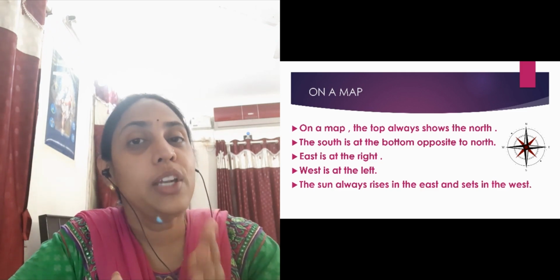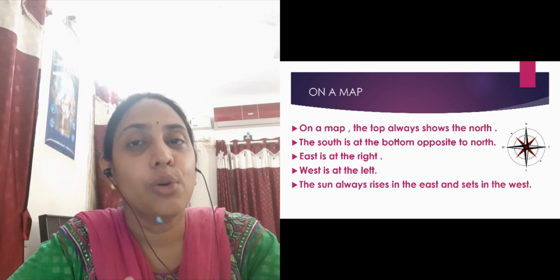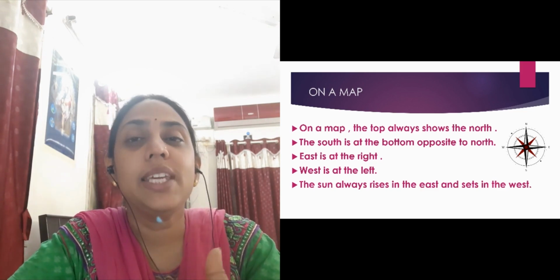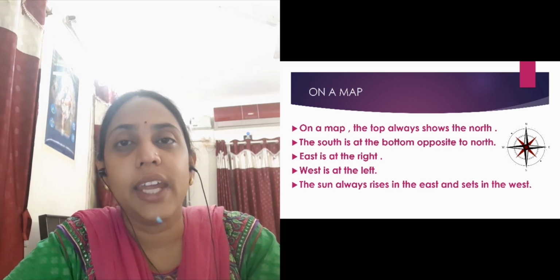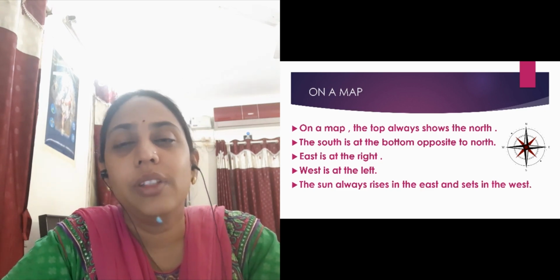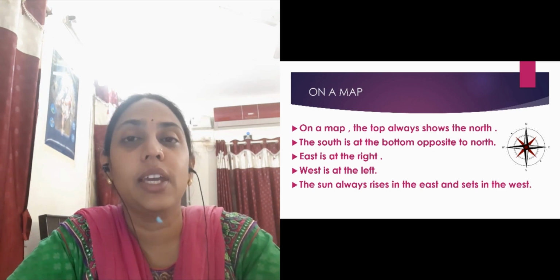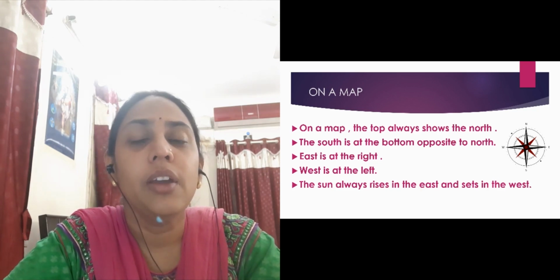Opposite to that it will be west. Between east and west, on the upside there will be the north direction, and on the downward side it will be south. So these are the four directions we can easily find out when observing any particular place.